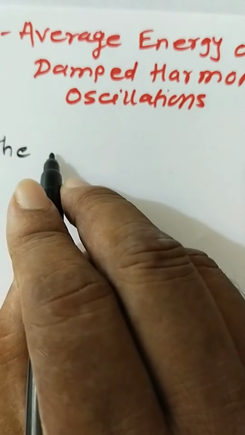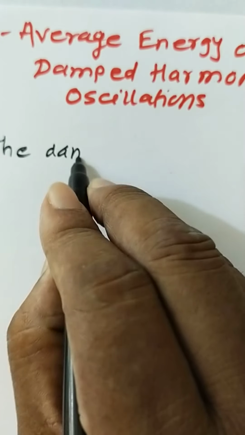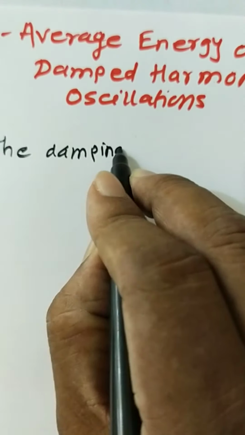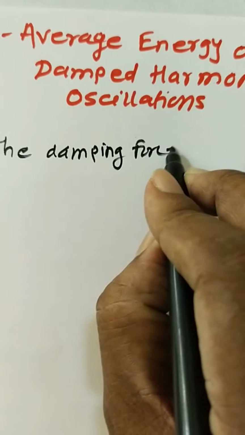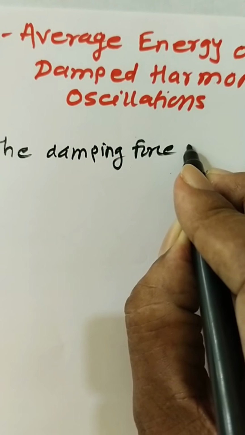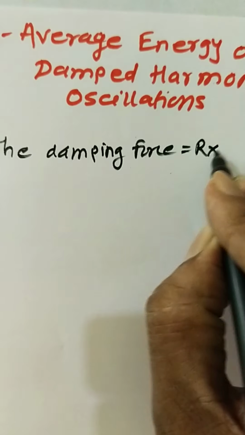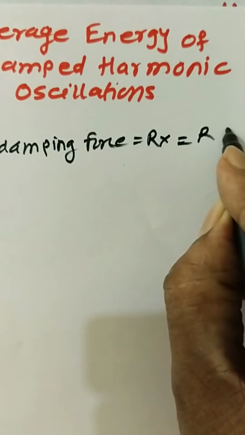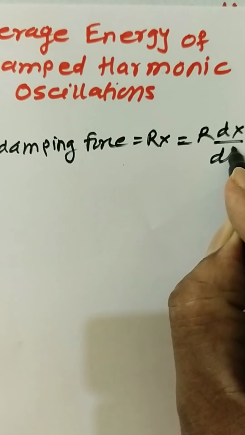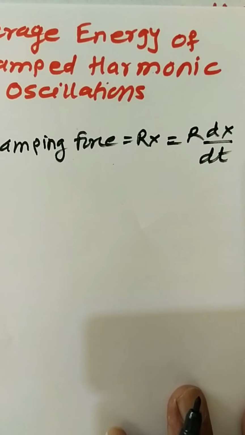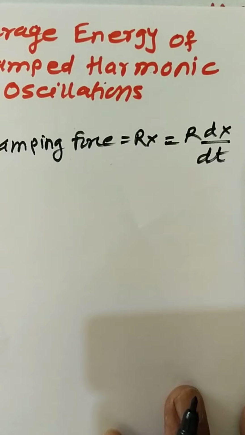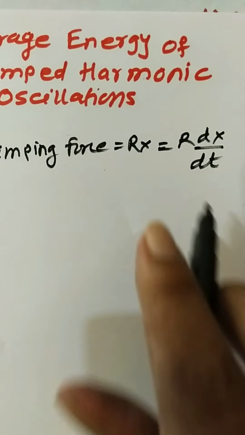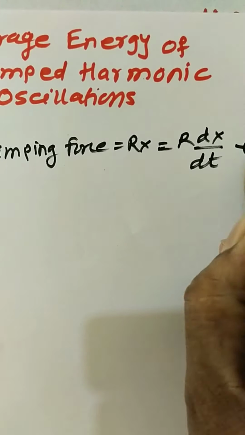Therefore the damping force is R dx by dt, and this is equation 1.